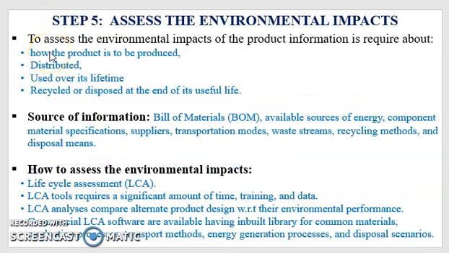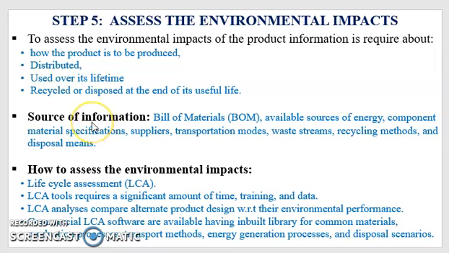The next step is to assess the environmental impact of using the product over its entire life cycle. In order to accomplish this, a complete understanding is required about how the product is produced, distributed, and used over its lifetime, and finally recycled or disposed of at the end of its useful life.